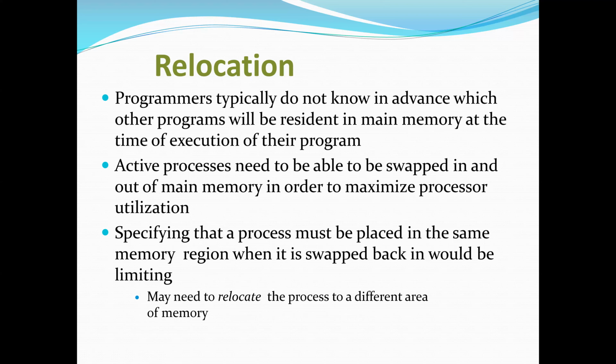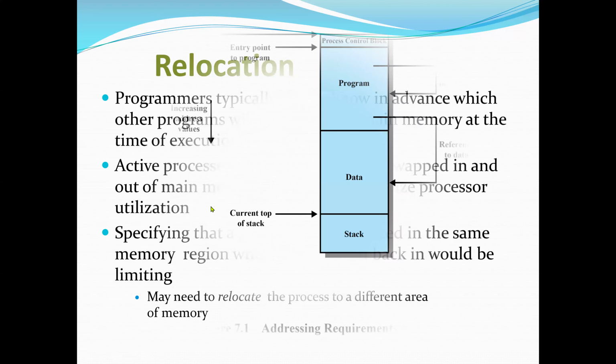That's the concept of relocation. Bringing the process back to the same location is possible, but it is computationally expensive. The best and quicker option is to relocate the process to a different area of memory.